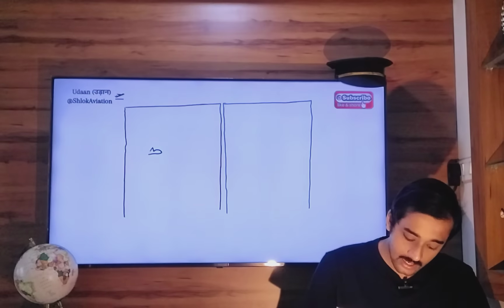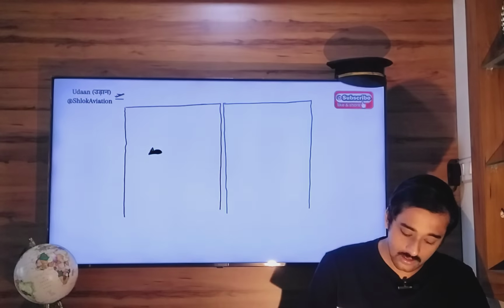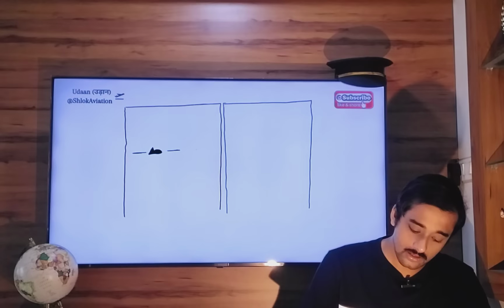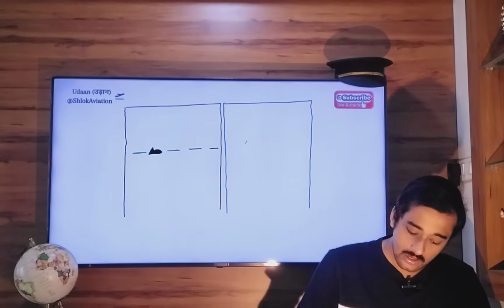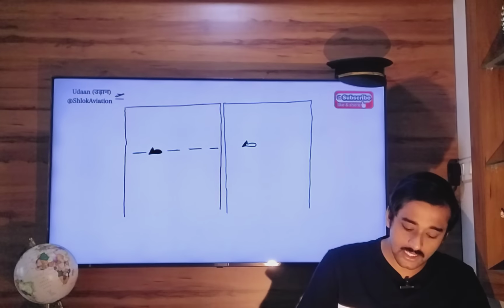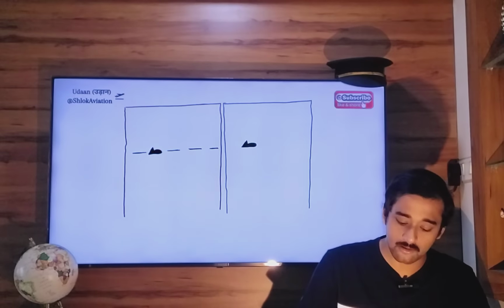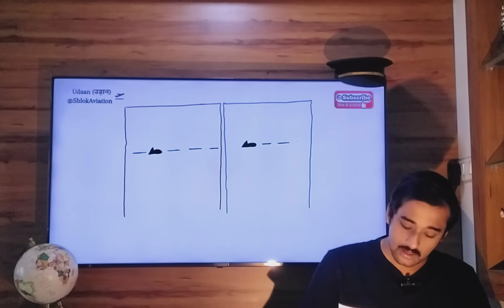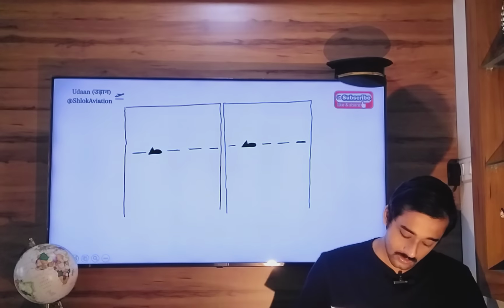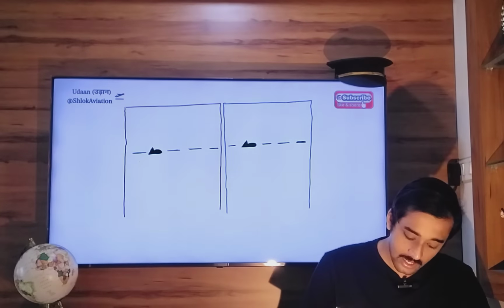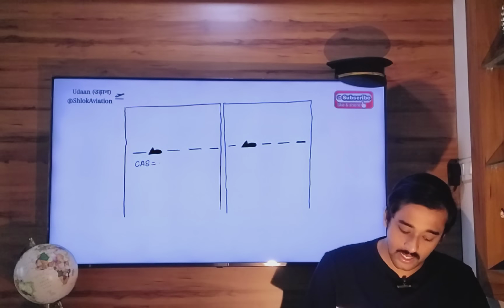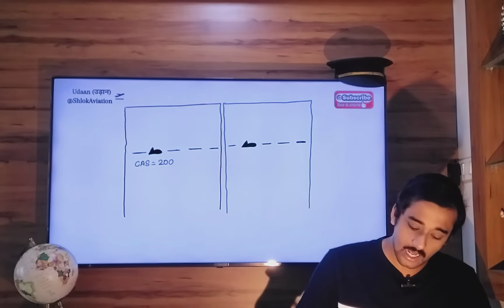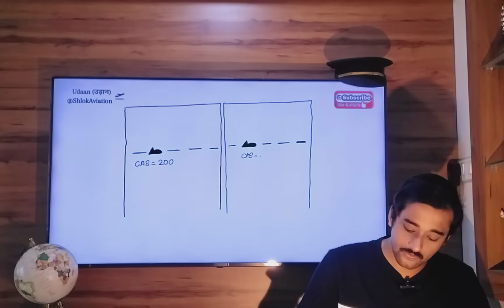Initially your aircraft is in the warm atmospheric layer at the same altitude, let's say 5,000 feet. It doesn't change its altitude; it flies straight and level and enters a new air mass which is colder. Calibrated airspeed is constant, let's take 200 knots.